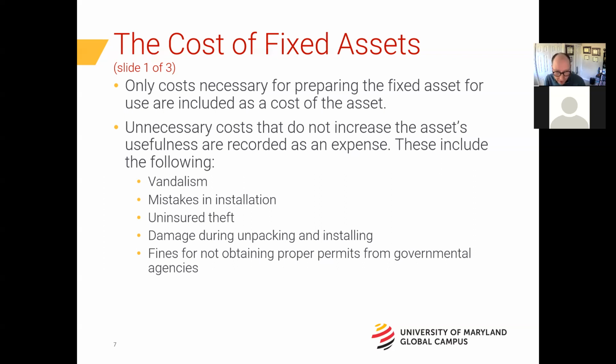Examples would be things like vandalism, mistakes in installation, uninsured theft, damage during unpacking and installation, fines for not obtaining the right permits, and so forth and so on. And you could also add oil changes. So I changed the oil on the forklift. Changing the oil does not increase its useful life. You're just maintaining it. Maintenance is simply an expense.